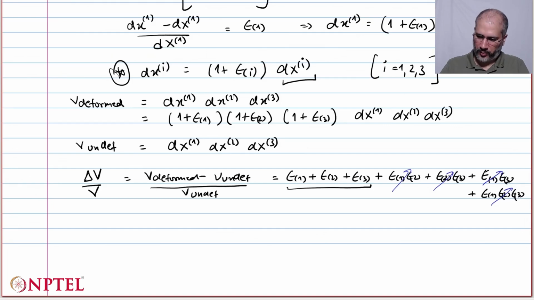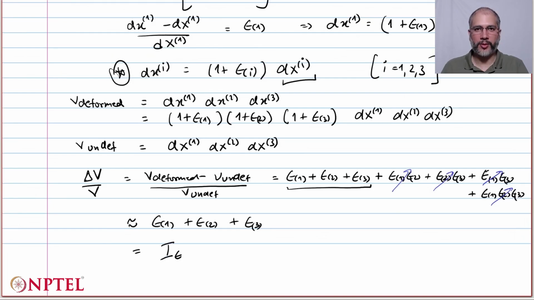So this can approximately be written as the sum of the three epsilon principal values, which basically is the trace of epsilon tensor. And remember, the trace is invariant.